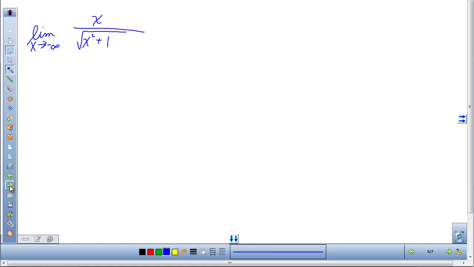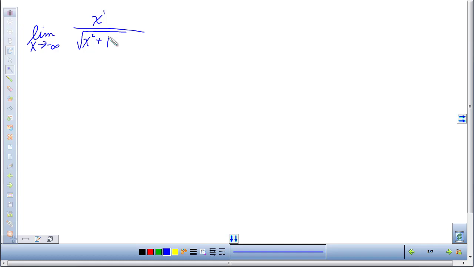Of course, we can see in our numerator, x is to the first degree, so that's fine. However, in our denominator, x is still to the first degree. Even though this is an x squared, we're taking the square root of it. So the highest power, really, for both the numerator and denominator is 1.